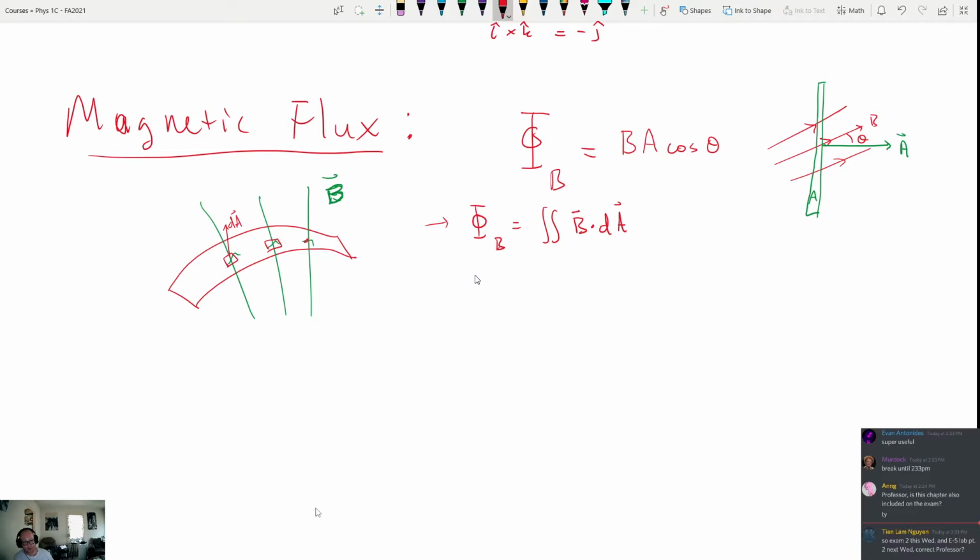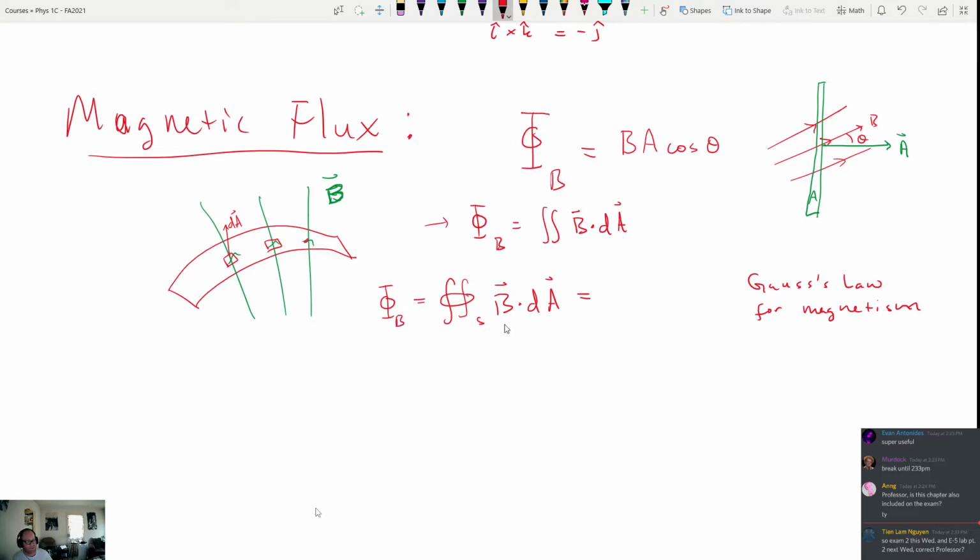But one result that comes out of this is that if I take the magnetic flux over a closed surface, we learned about Gauss's law. This is what we call Gauss's law for magnetism. In the case of electricity, when I took the flux through a closed surface, what did we get on the right-hand side of our equation?